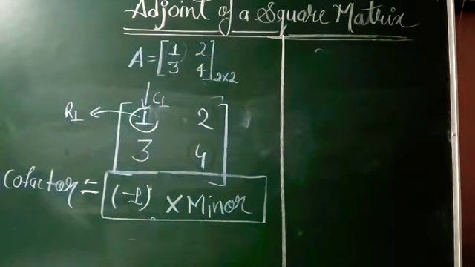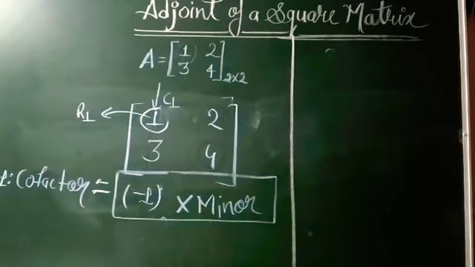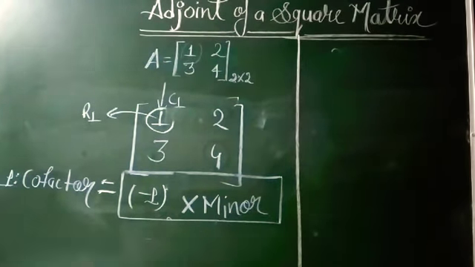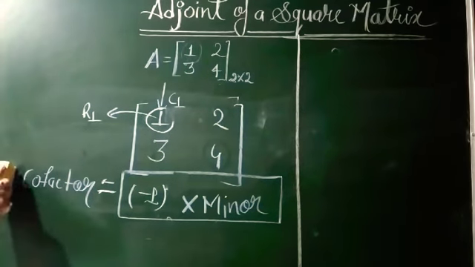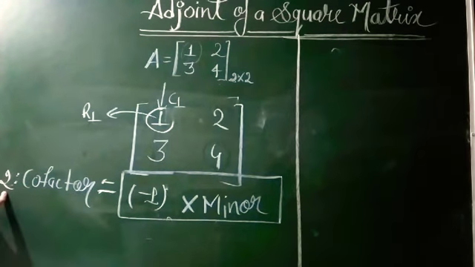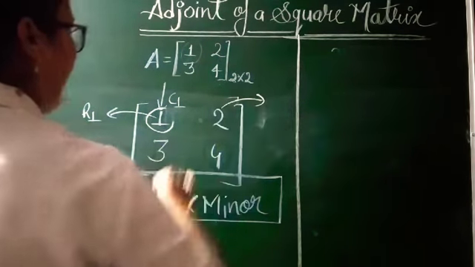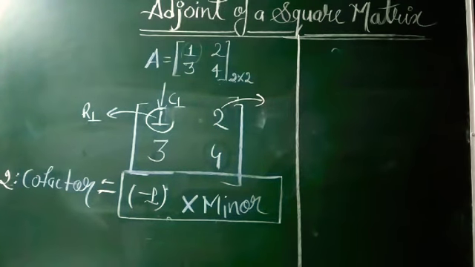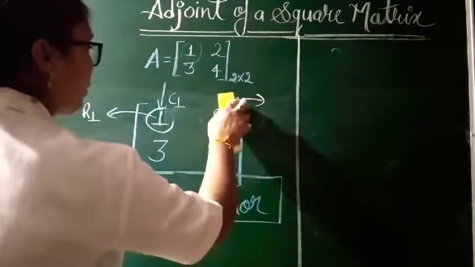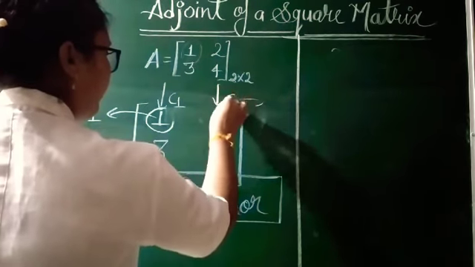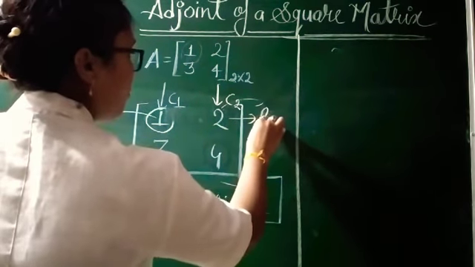Next we find the cofactor of 2. The element 2 lies in the 1-2 position, first row and second column.